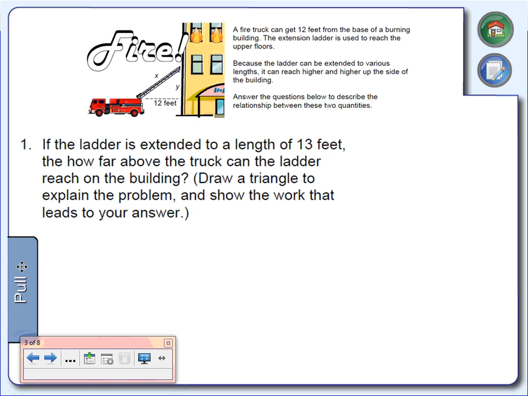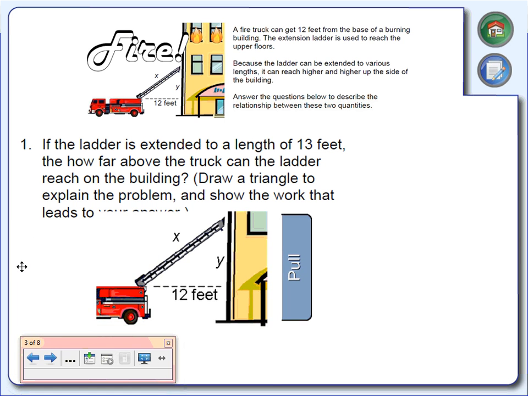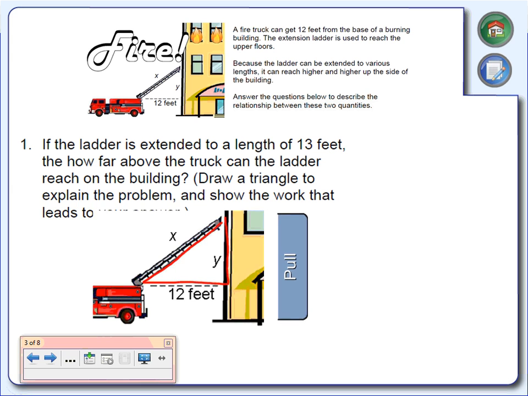So what we're going to do is take a close look at what we're dealing with. We've got this fire truck. It's 12 feet away from the building. We've got this extension ladder and the height of the thing here from the base or the height of the truck. Let me move this out of the way.